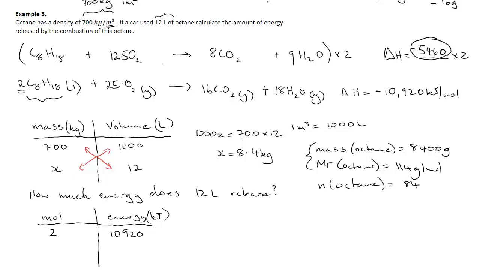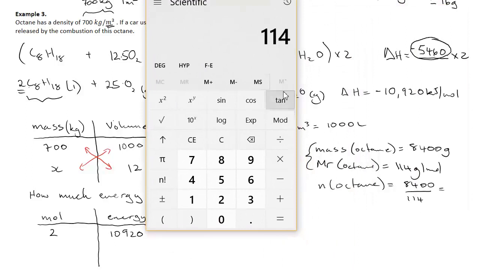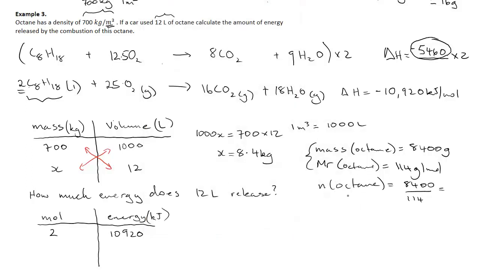So 8,400 divided by 114 is equal to 73.68 mole.